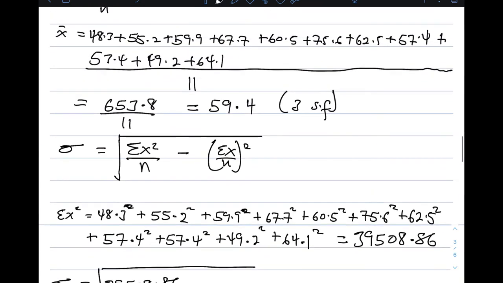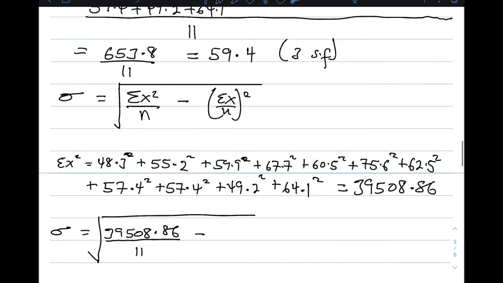Now I don't want to use this 59.4, because this is an approximated value, so I'm going to use this mean in my calculation, and that is what you should always do. Don't use approximated values in the next solution. Always use the entire thing. Okay, so let's do that.